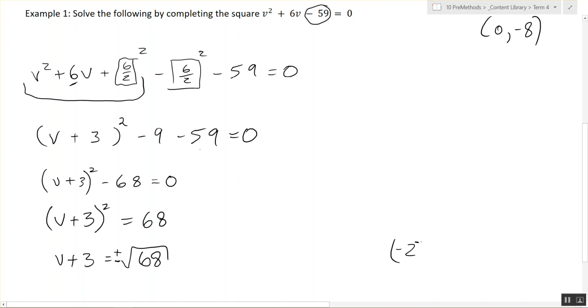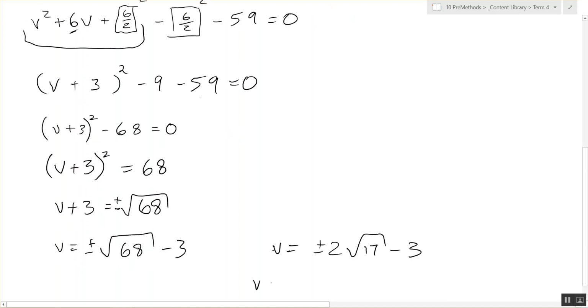If you square this, it's 4. Or if you square this, it's also 4. Does that make sense? So we don't know if it's a minus or a plus. So v equals, I'm going to bring this negative 3 out the front here, plus 2 square root 17, and v equals negative 3 minus 2 square root 17.